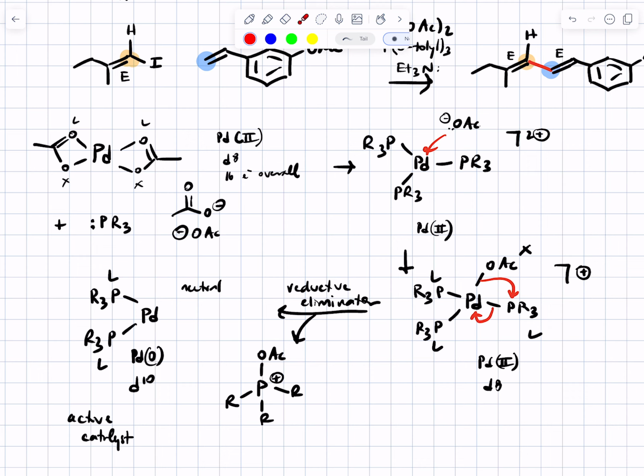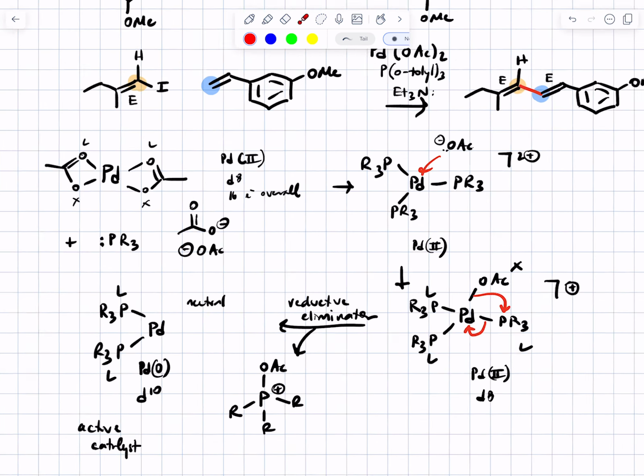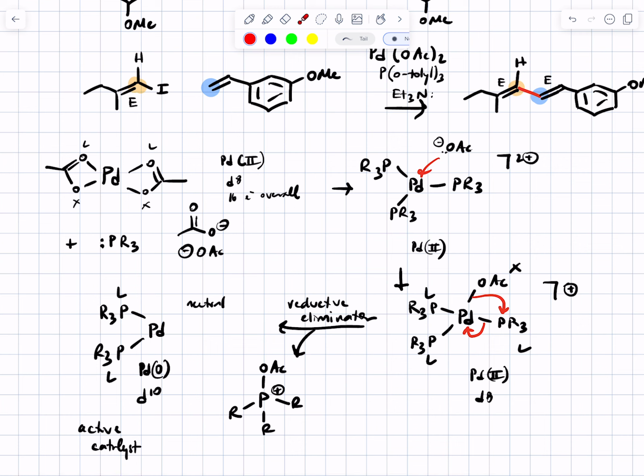There are some other things that happen to this, but it's thought that the formation of the oxygen-phosphorus bond drives this reductive elimination step. So they think that's what's going on. As I said, that's not necessarily important for you to worry about, but it made me uncomfortable, so I looked it up and I put it there in case you wanted to know.